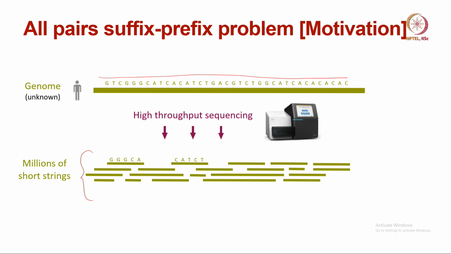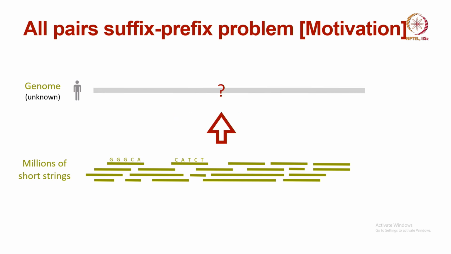The length of these strings can vary depending on the instrument used, but the question that often gets asked in bioinformatics is, given these short strings, what was the original genome where these strings came from? So, that is the genome reconstruction problem. Given these strings, I want to reconstruct the unknown genome sequence from where these reads were sampled.